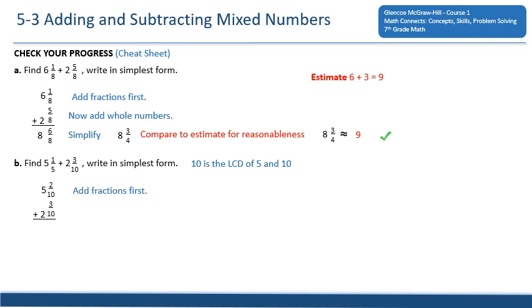Then we'll use the 2 3/10. We'll add the fractions first, so we'll add 2 and 3 and get 5 over 10. Then we'll add the whole numbers, 5 plus 2, and get 7 and 5/10. We can simplify that to 7 and 1/2 because 5 is a common factor of 5 and 10.